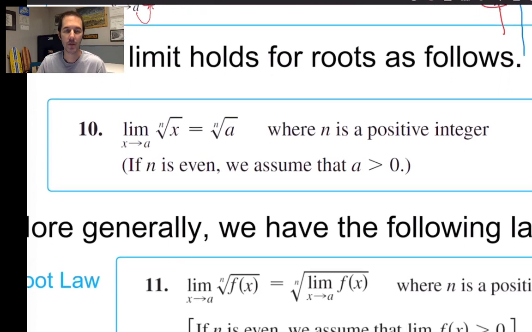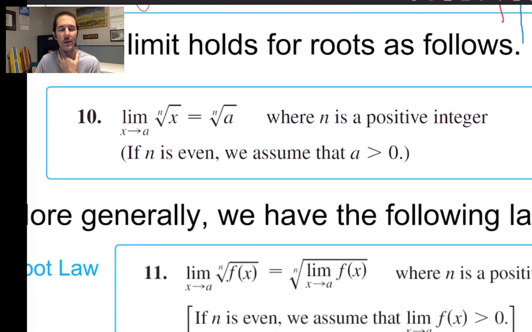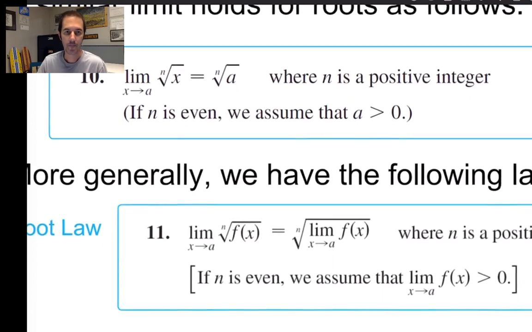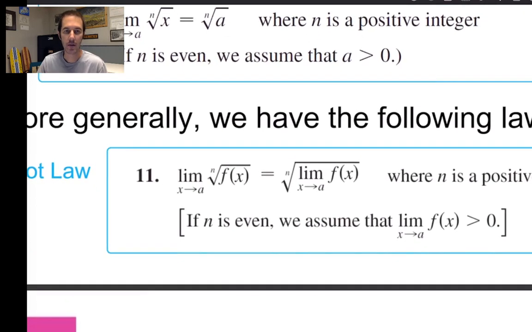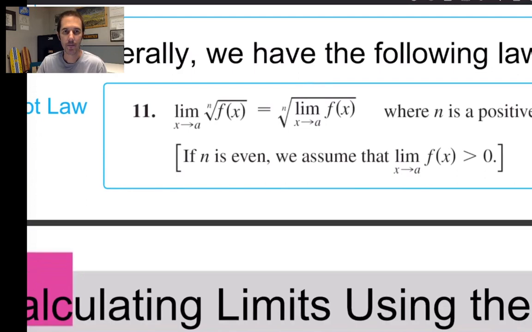So it shouldn't be a big surprise to you that we can do direct substitution here, and essentially these radicals get interpreted as exponents. So rules number 9 and 10 are directly related. Smash them together, and you've got rule number 11. So it applies to not just square roots, but nth roots.